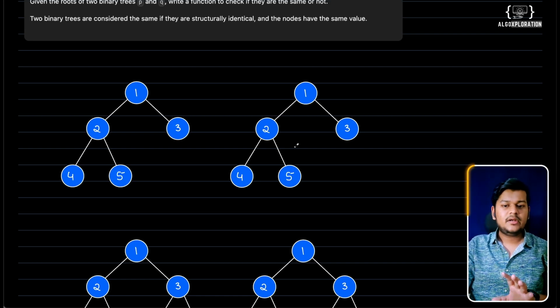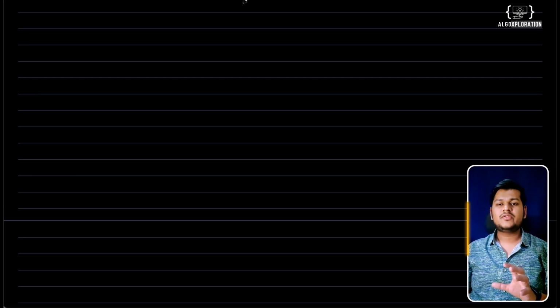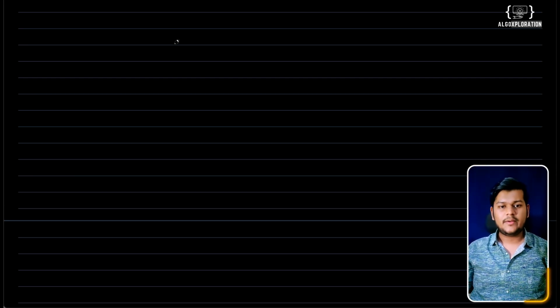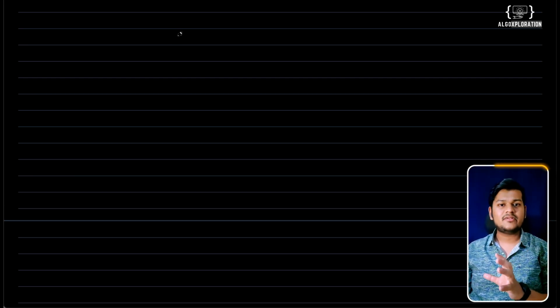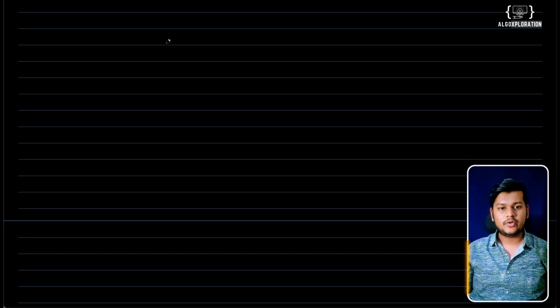Now let's implement the pseudocode for this. The pseudocode or algorithm of this problem is pretty straightforward. If you have done the traversing, this will be a cakewalk for you.